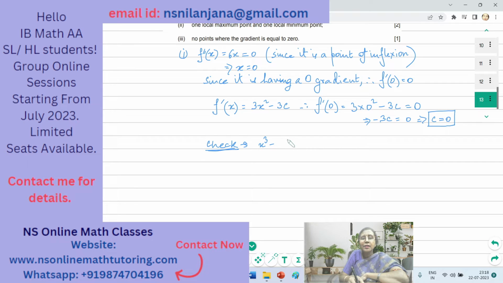If I take C to be half, 3 times half is 3 over 2, or you can write 1.5, so x cubed minus 1.5x plus 2. Let us see.